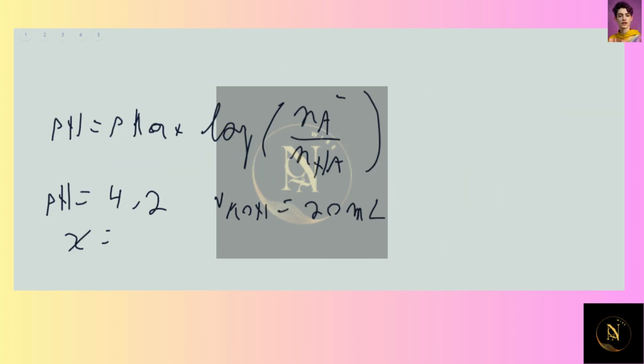At this point, you can calculate X, which we had seen earlier here again. X is the concentration of KOH, same thing, times 20 over 1000, which is 0.0021 mole.